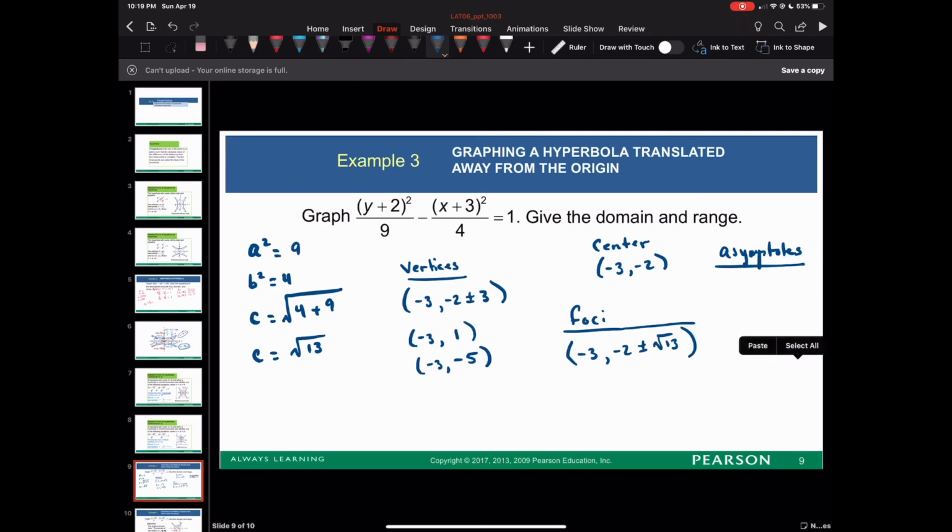So the asymptotes, it's going to be y is equal to plus or minus 3 over 2 times x plus... Now, let me rewrite this so I can have more room.